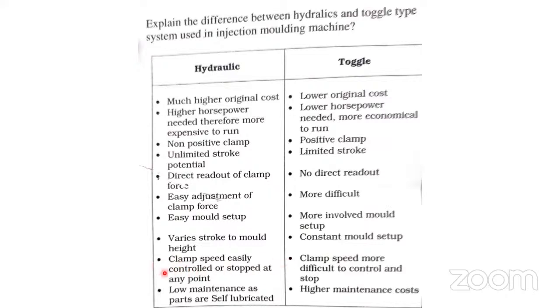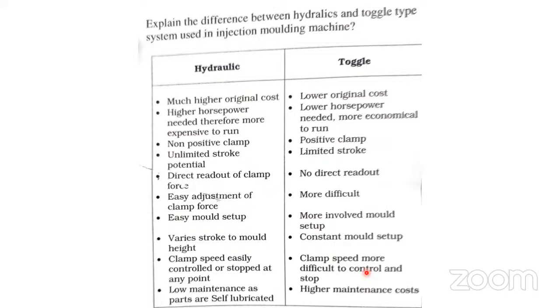Clamp speed: controlled or stopped at any point. We can stop the movable platen here, but here we cannot stop. Difficult. Once it is locked, that's it, locking. Same speed, so sound also comes.